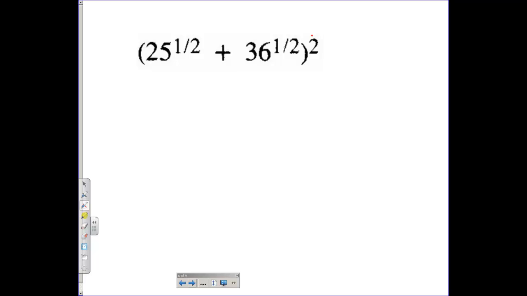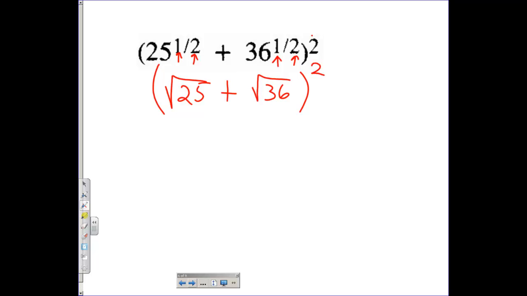So I have 25 to the first power, but I'm taking the square root of that, so basically I'm taking the square root of 25. Plus, again, I have 36 to the first power, but I'm taking the square root of that, so I essentially have the square root of 36, and I have a power of 2 on the outside of that.